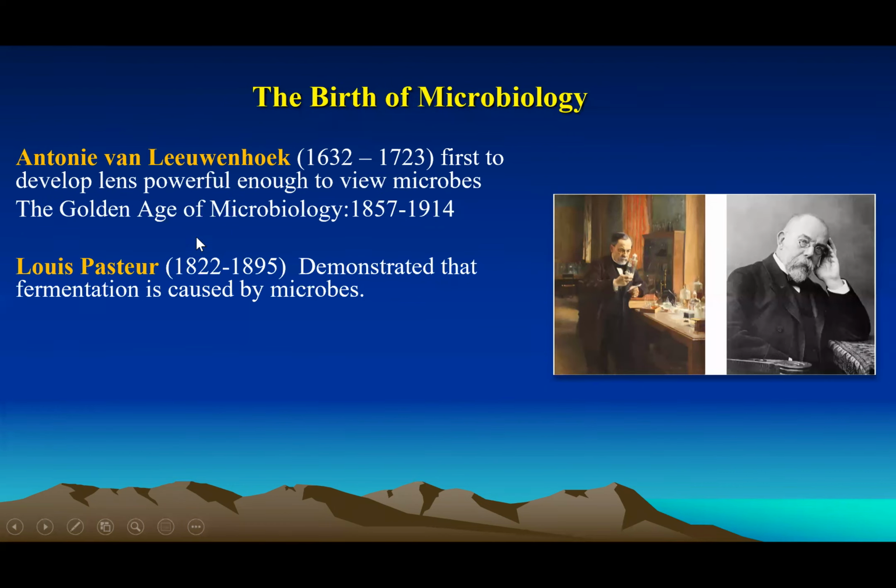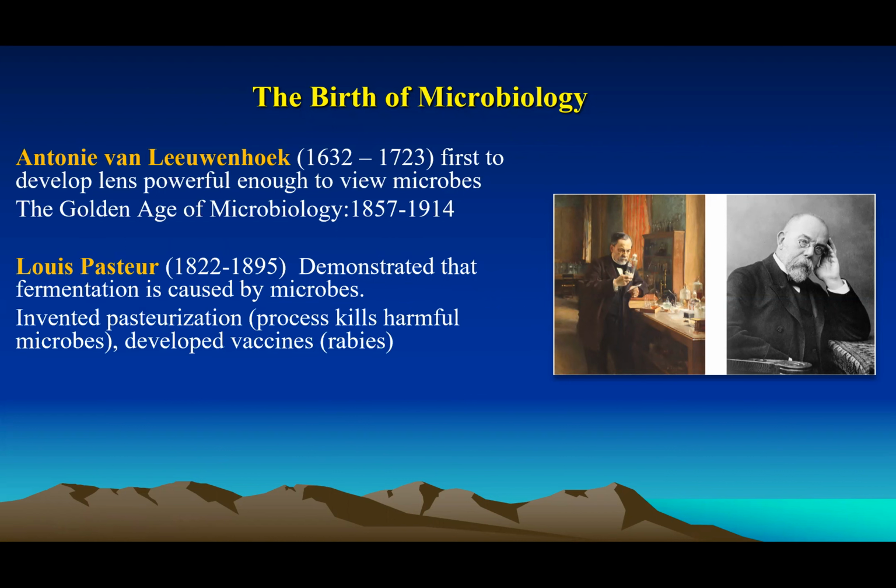Early 18th century, 1820s, Louis Pasteur demonstrated that fermentation is caused by microbes. And then pasteurization, named after him, is the process of killing the harmful microbes in food. For example, milk, when they heat it, you can kill most of the bacteria to make it safe.